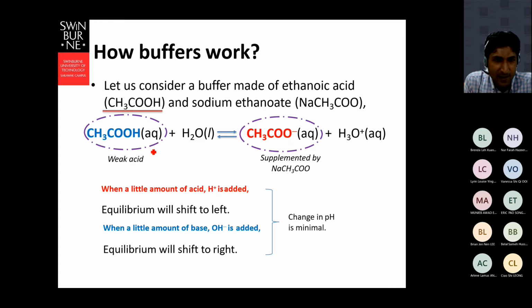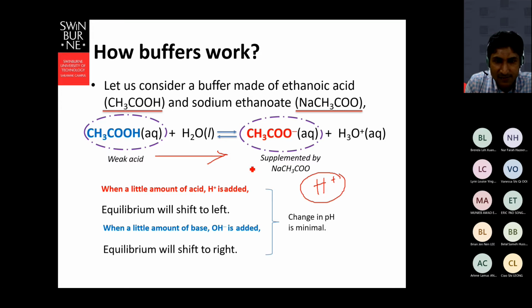A little bit of acid or base should be okay. So if I add a little bit of acid, what will happen is the reaction will go to the right. Is it? If we add a little bit of acid, the reaction is going to the left because acid is giving the hydrogen ion.